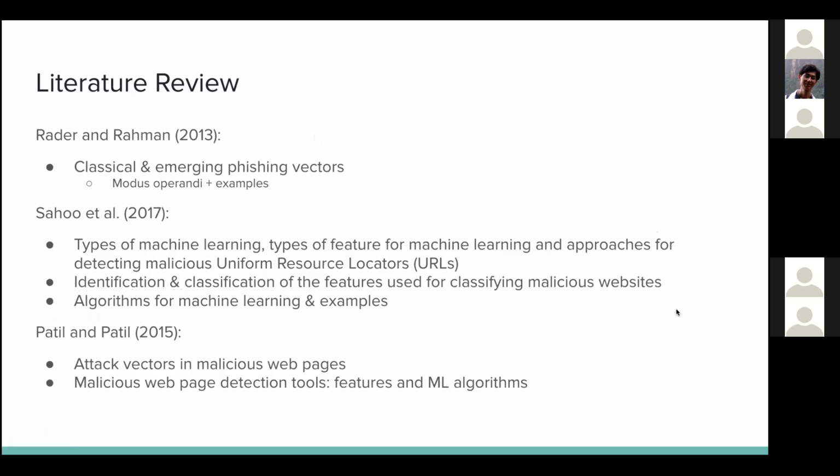So this falls more into the anti-phishing category of research, but it's also related to the current research about phishing. And then the next paper investigates attack vectors for malicious web pages, as well as tools to detect malicious web pages.